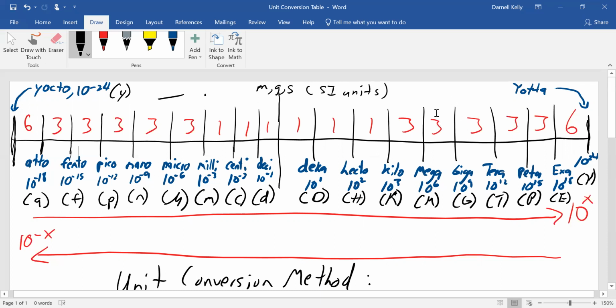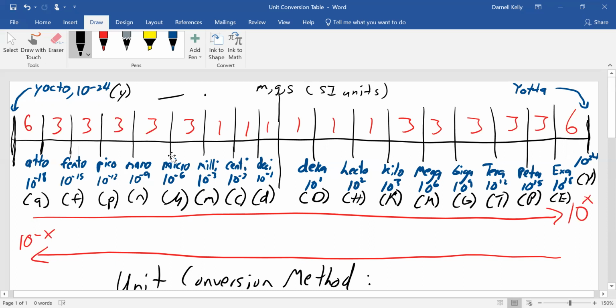So we can see 3, 6, 7, 8, 9, 10, 11, 12, and 15. So there are 10 to the minus 15 gigameters in 1 micrometer.